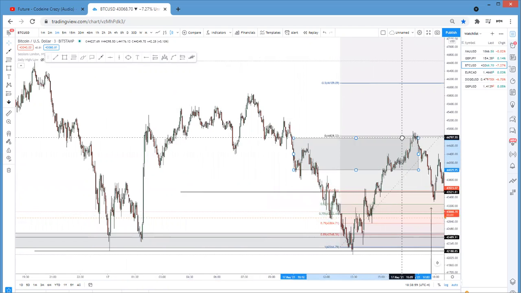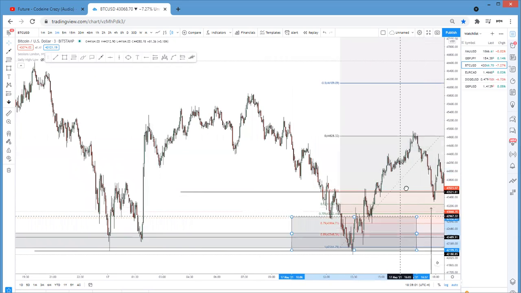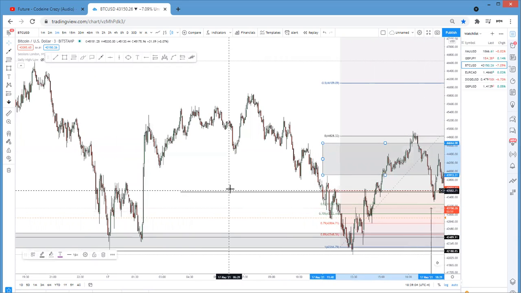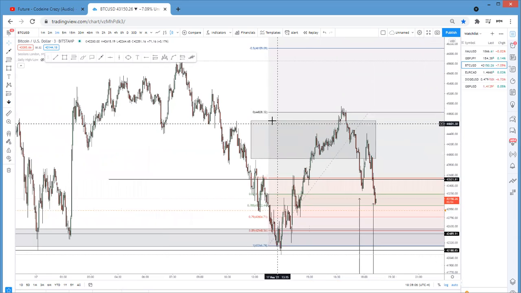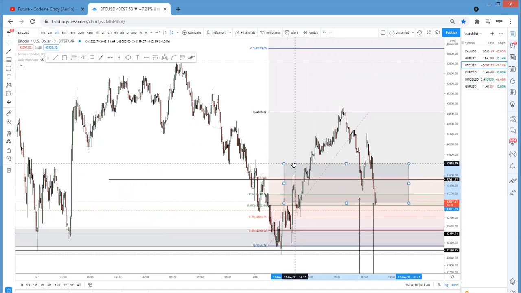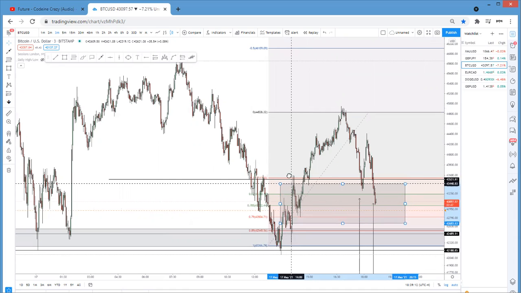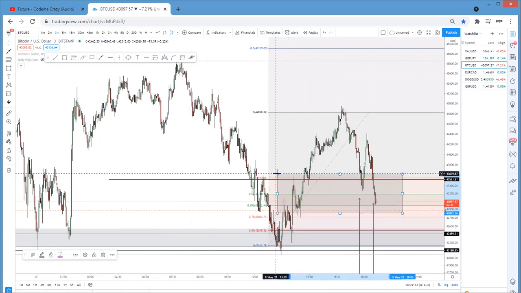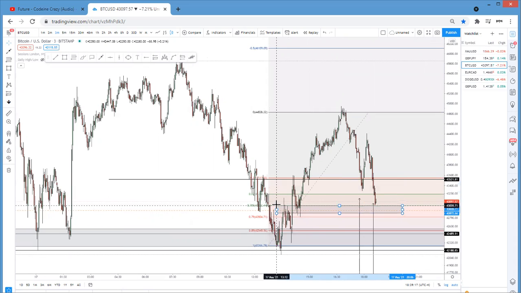And then look how price just broke structure in this structure right here to go to the upside. And now we're taking that dip back down into this structure right here. So that's where we at now.